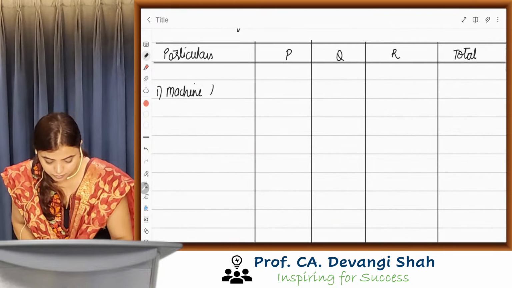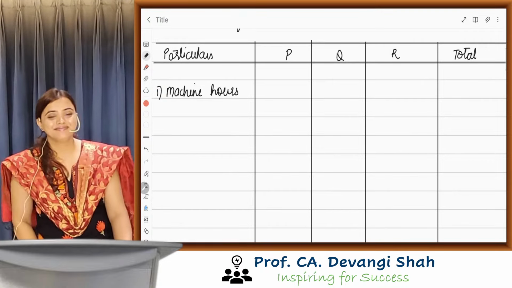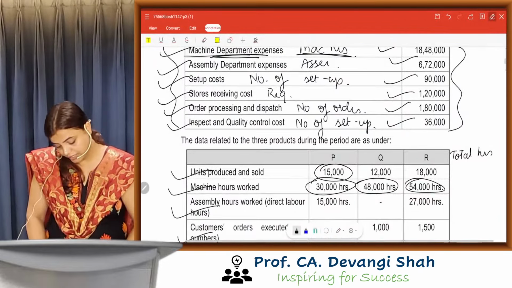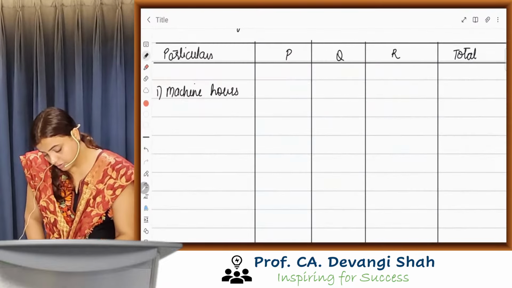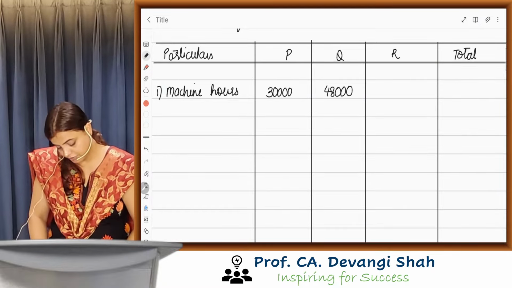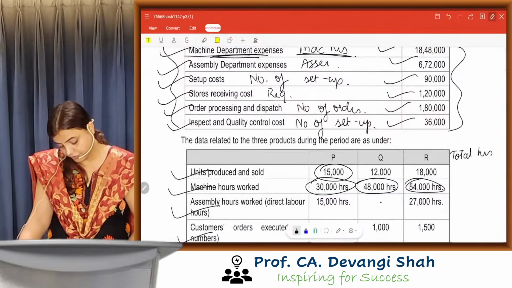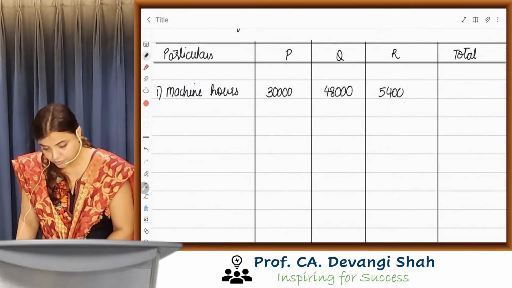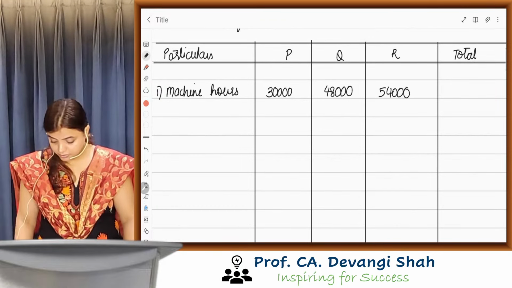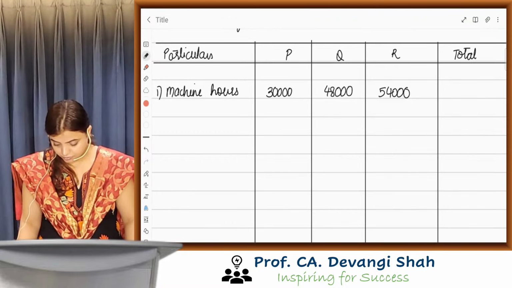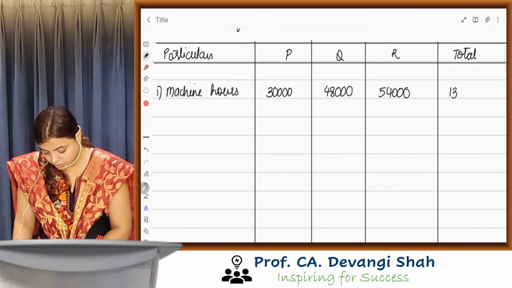for P it is how much? 30,000. Q 48,000. And for R 54,000. What is total machine hours? 1,32,000 machine hours total.